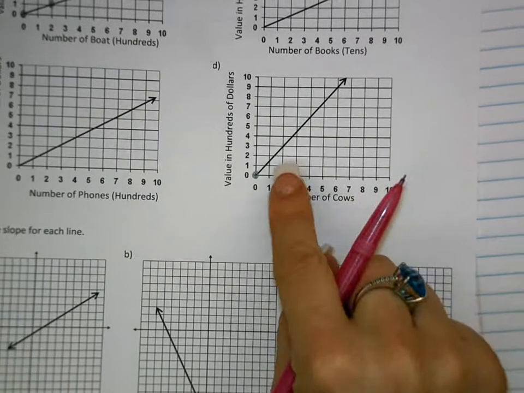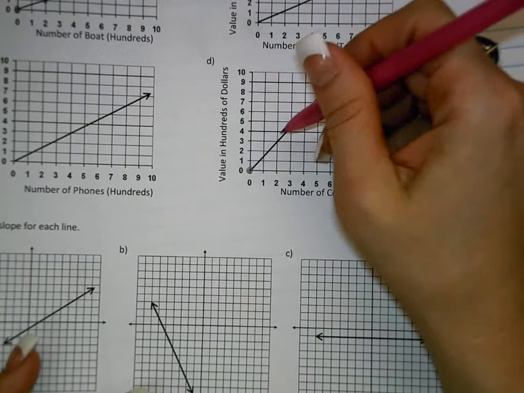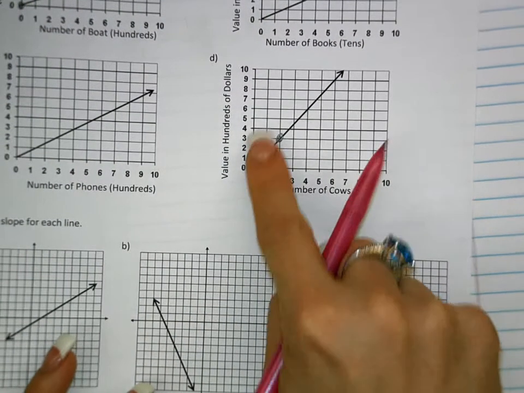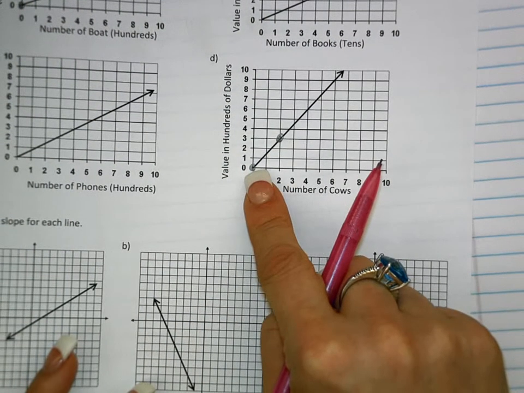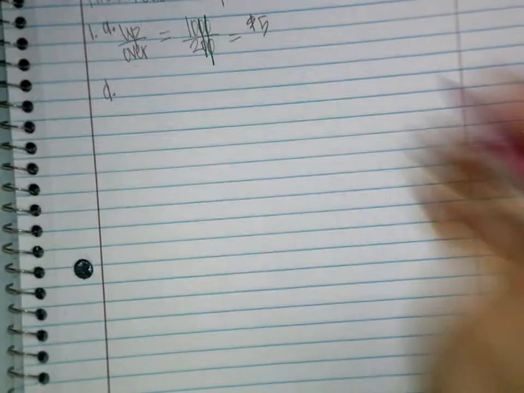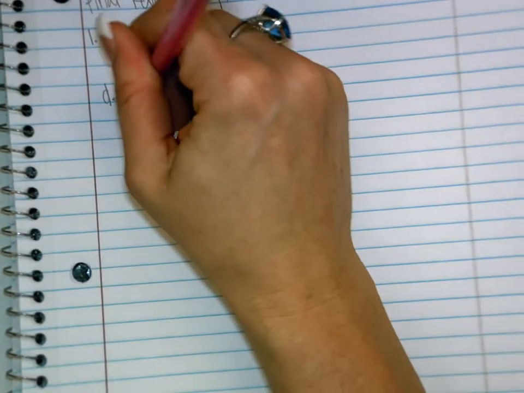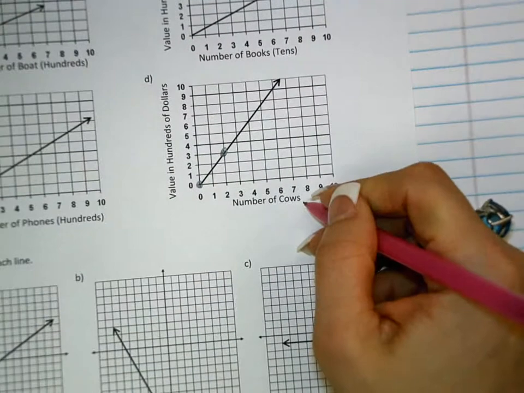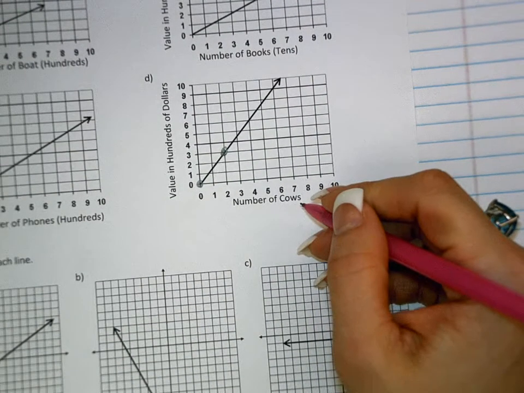So here we know that 2 cows is how much? $300. So how do you get from here to here? How much do you rise? 300. So we rise 300. How much do we run? Just 2, right? It's not 2,000 or something like that.